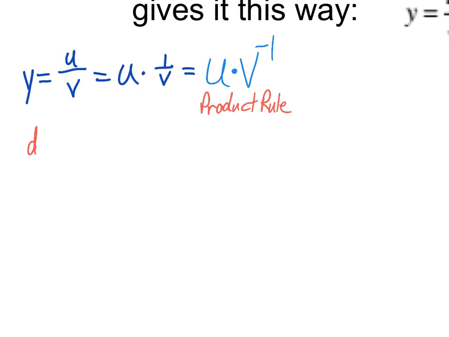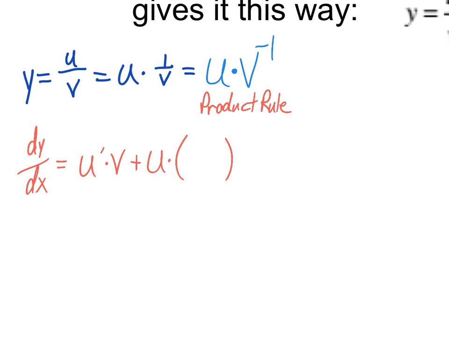So dy dx, you guys know is u prime v plus uv prime, but it's not just a v here. Okay. U prime is just u prime times v plus u times, and then here's the part that we got to figure out. V prime, but instead of a v, we have a v to the negative 1.